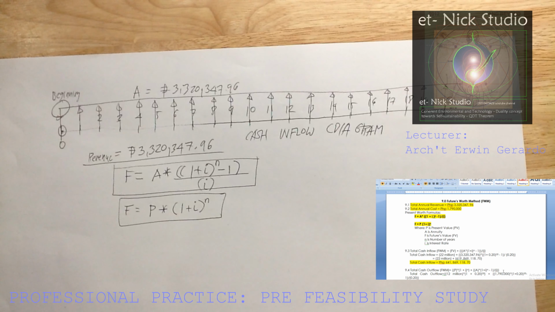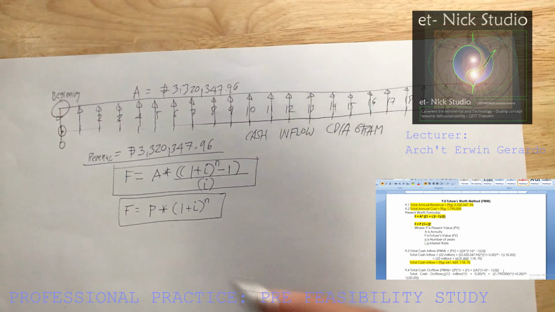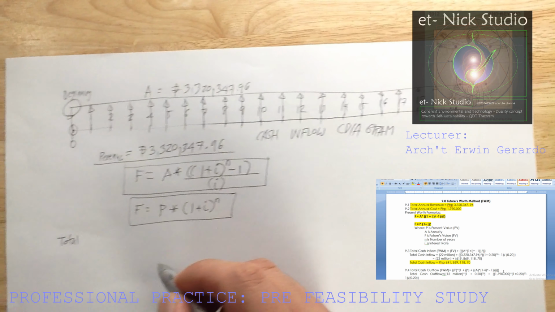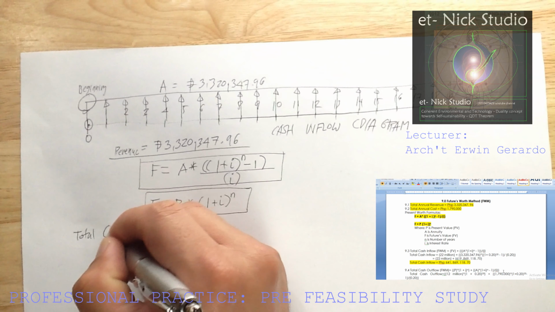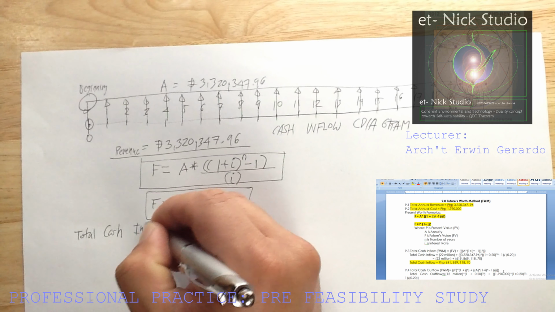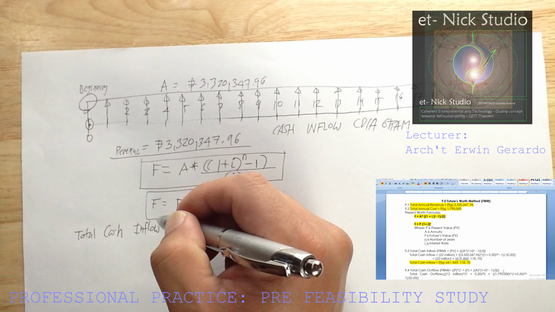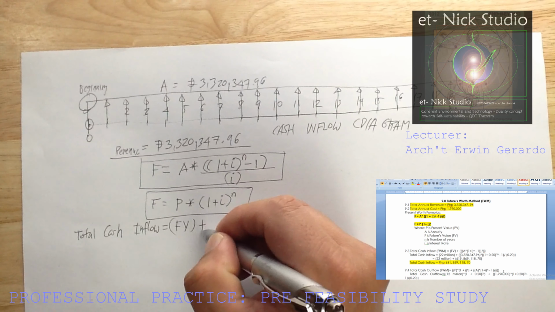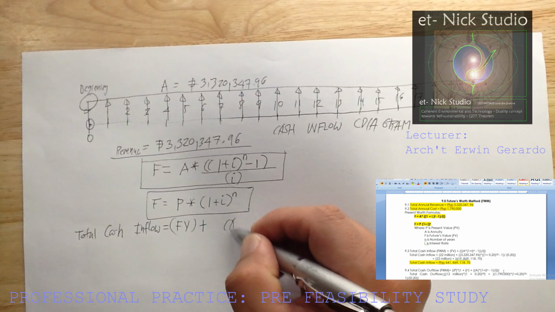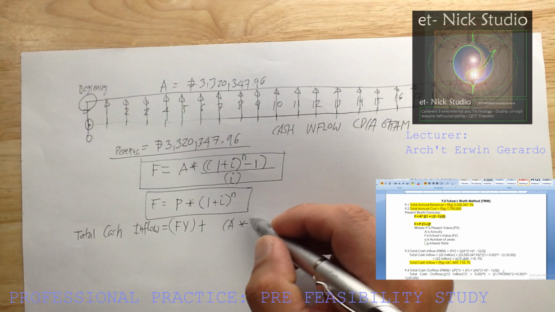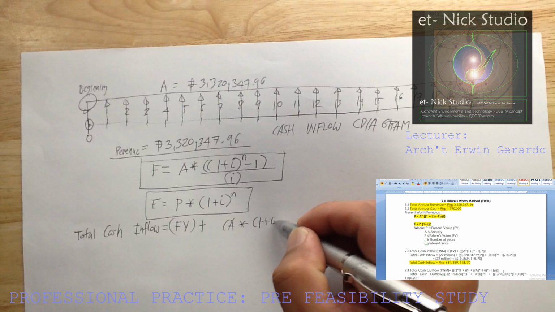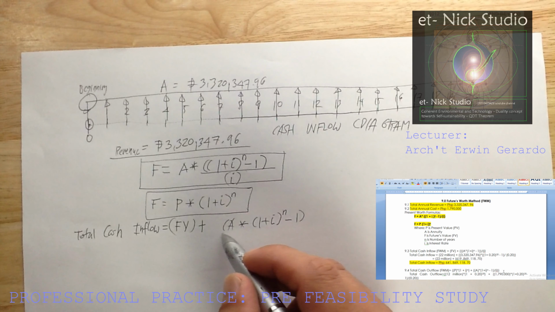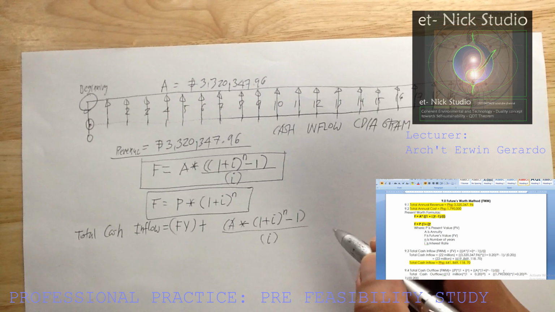So therefore, the total cash inflow, if we're going to summarize the formula, for the total cash inflow using the futures worth method, is actually the present value, plus the annuity times 1 plus the interest raised over n, which is actually the 20th year. Then you need to divide this by the interest.